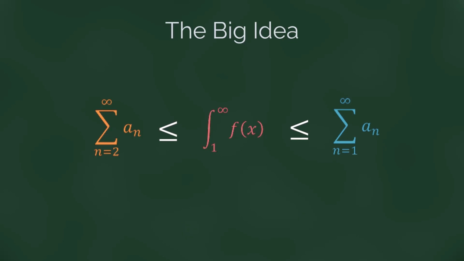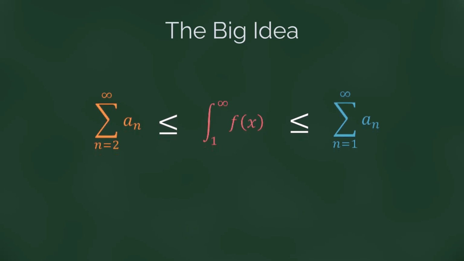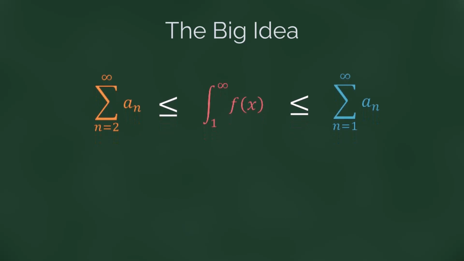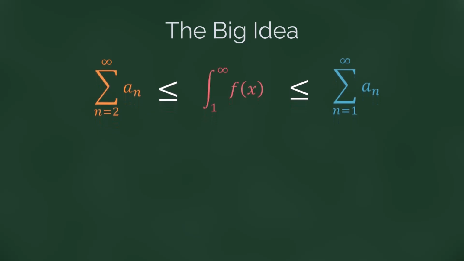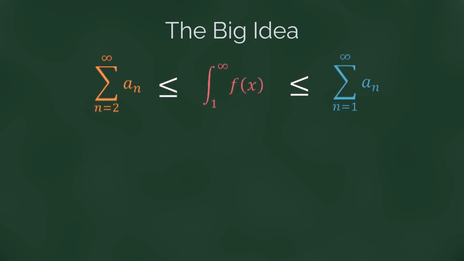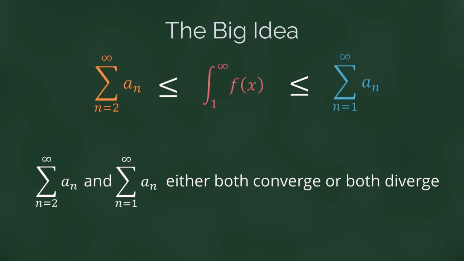We need to understand one more idea before we state what the theorem tells us. That idea is that the sum from n equals 2 to infinity of a sub n and the sum from n equals 1 to infinity of a sub n either both converge or both diverge. The only difference between the two of them is one single term, a sub 1. That is a finite number.